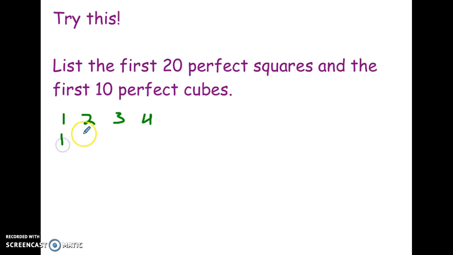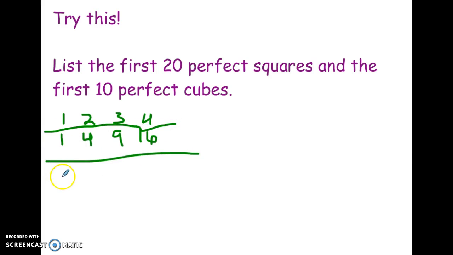And so then you'll have the 1, 4, 9, 16, and then you can have another row that has the cubes. And 1 cubed is 1, 2 cubed is 8, 3 cubed is 27, just like what we had on the previous page. I'm not going to show the entire chart, but we will talk about this in class tomorrow. So pause your video and complete your chart.